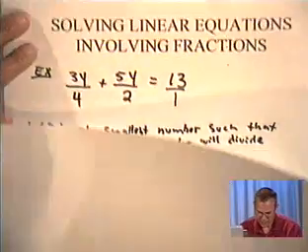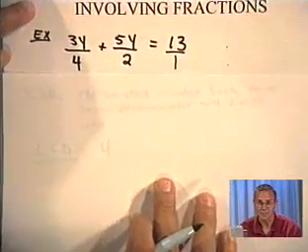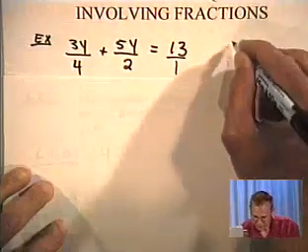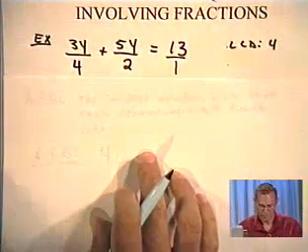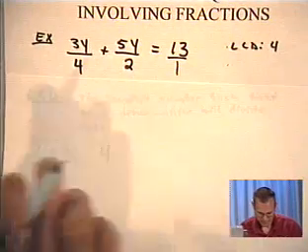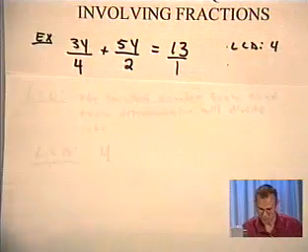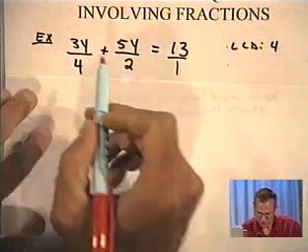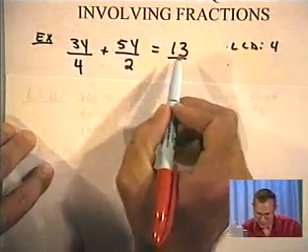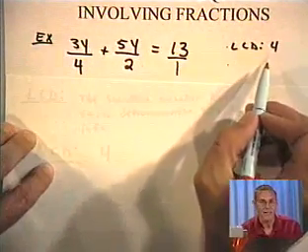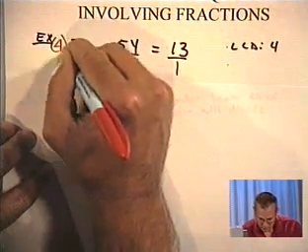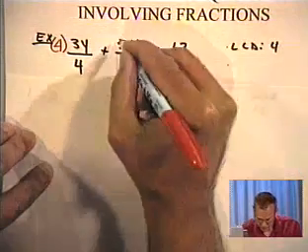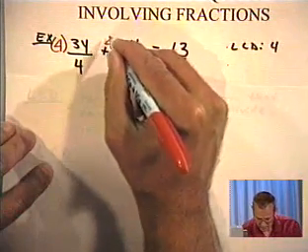I said we're going to try to make this problem a little easier. Again, I came up with an LCD of 4. Now here's a nice step involved to make this a much easier problem, and that is we're going to multiply every piece of our linear equation by that LCD. So I'm going to multiply this piece by a 4.